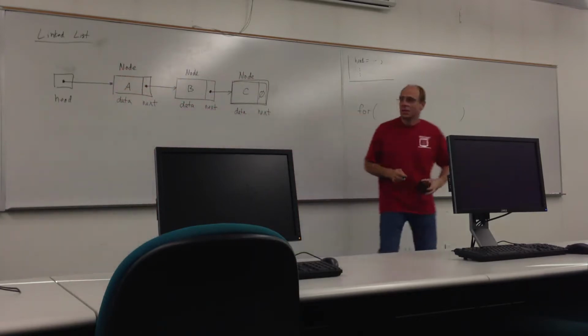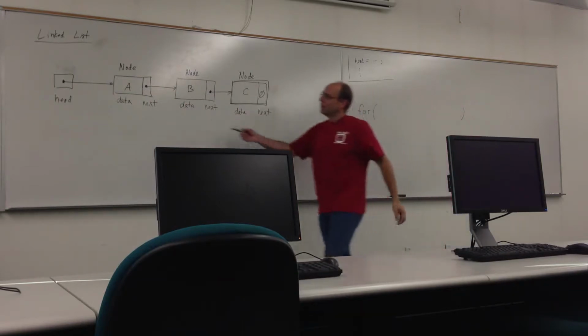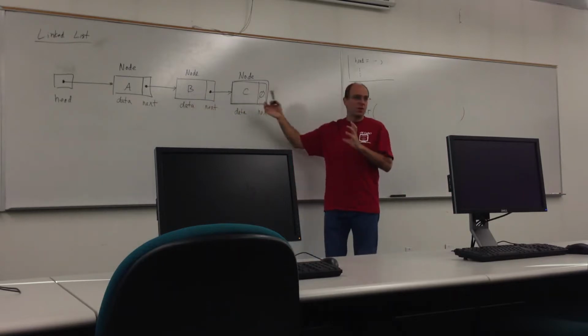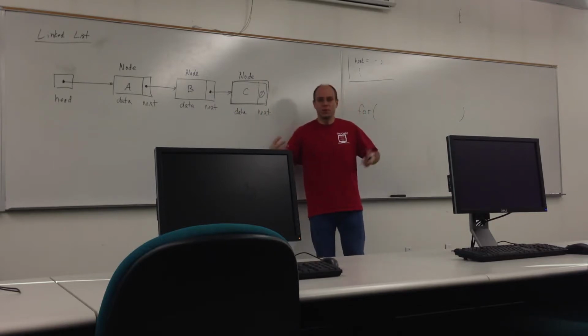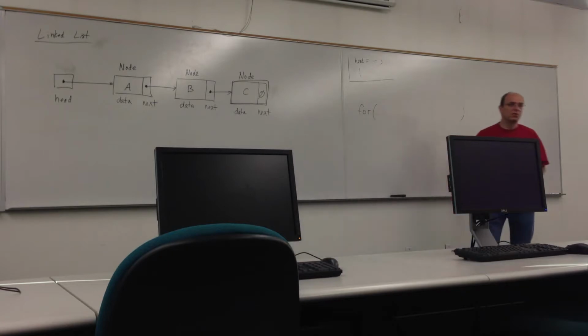This is not an array. This node is not contiguous in memory with this node or this node. They're not necessarily anywhere related to each other as far as memory goes. They're somewhere on the heap, each one of them individually allocated, not necessarily sequentially stored on the heap.